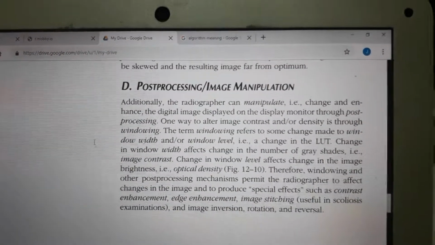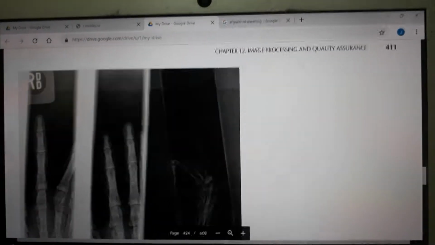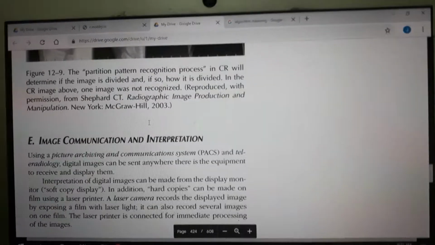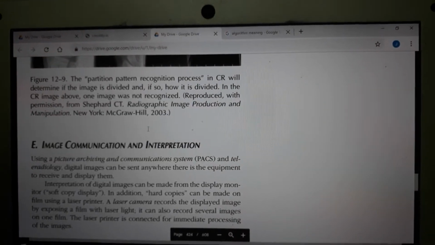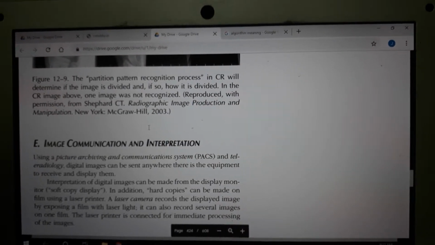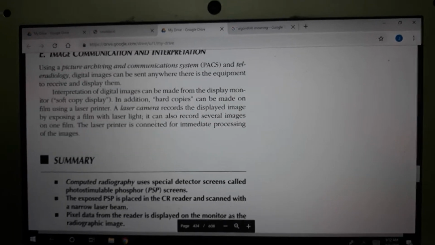D. Post processing image manipulation. E. Image communication and interpretation.